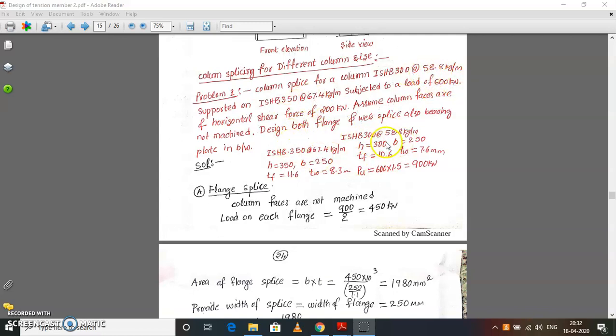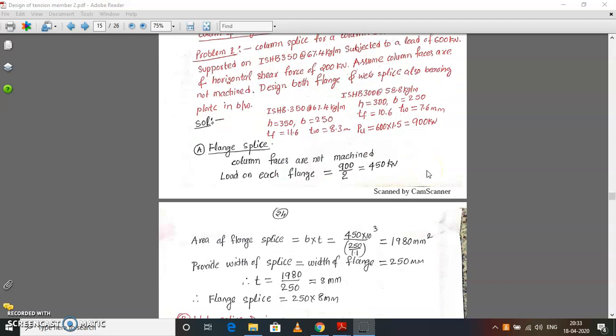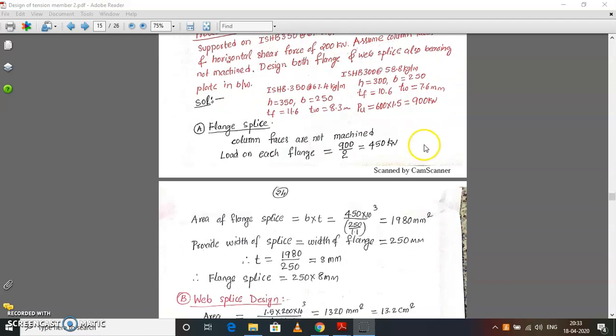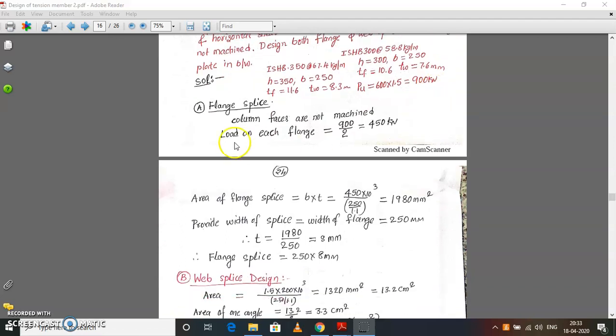So data is written here. Section property for ISHB 350 is here. H is 350, B is 250, TF is 11.6 and TW equal to 8.3. For ISHB 300, H is 300, B is 250, TF is 10.6, TW is 7.6. Now the ultimate load is 900 kilonewton, multiplied by factor of safety, we get 1.900 kilonewton.